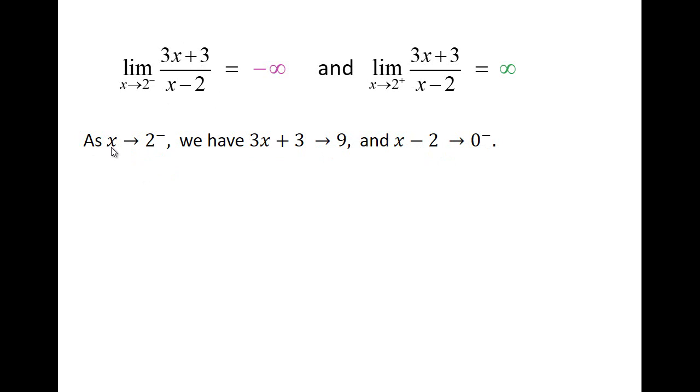However, since x goes to 2 from the left, it means that x is less than 2, so x minus 2 is in fact negative. So x minus 2 is negative and it is going to 0.